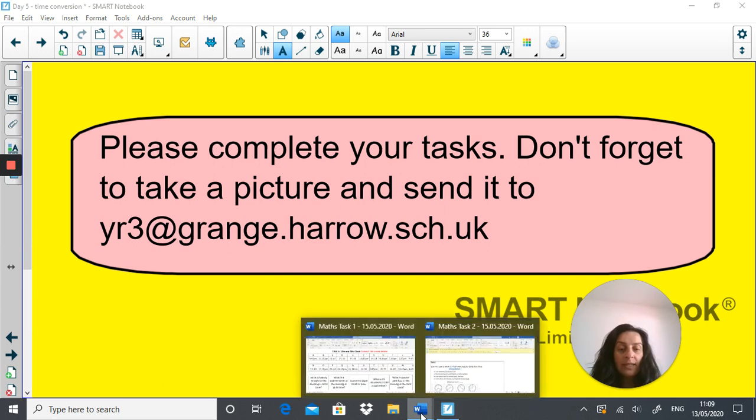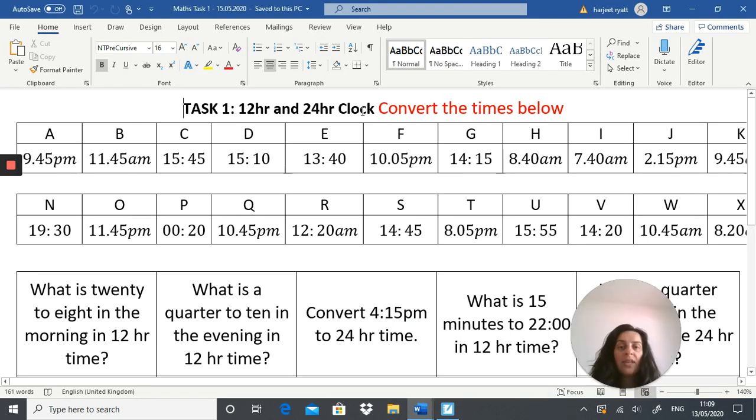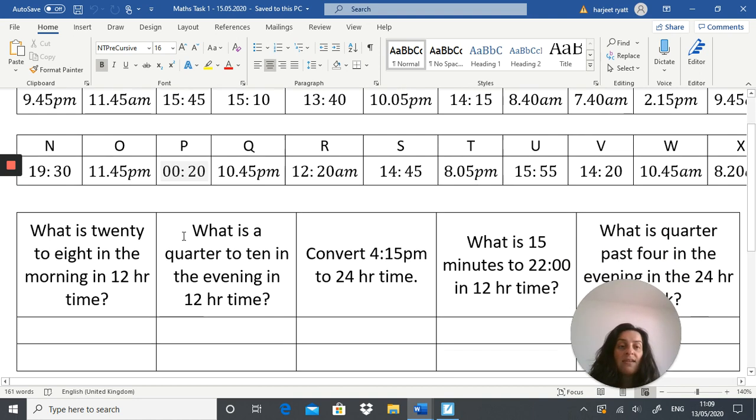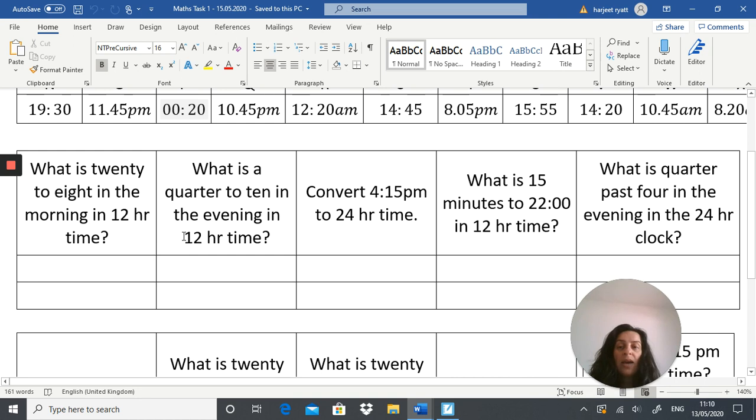So task 1 is this, which is basically asking you to convert the times below. If you've got a time that's using the 12-hour clock, then you convert it to 24-hour clock. If you've got a time that's in the 24-hour clock version, you need to convert it into the 12-hour clock. And then after that, you have these written questions.